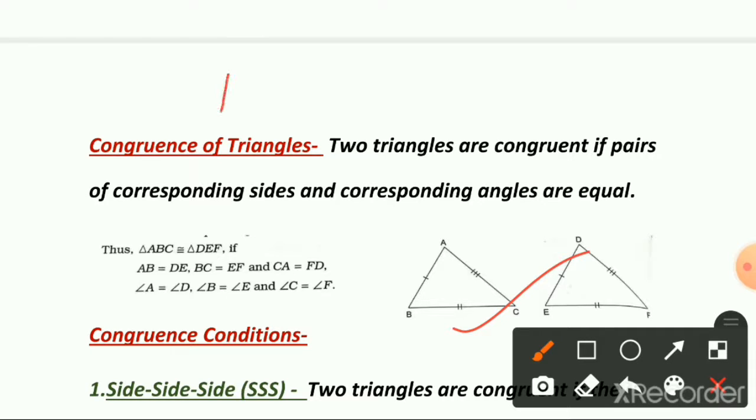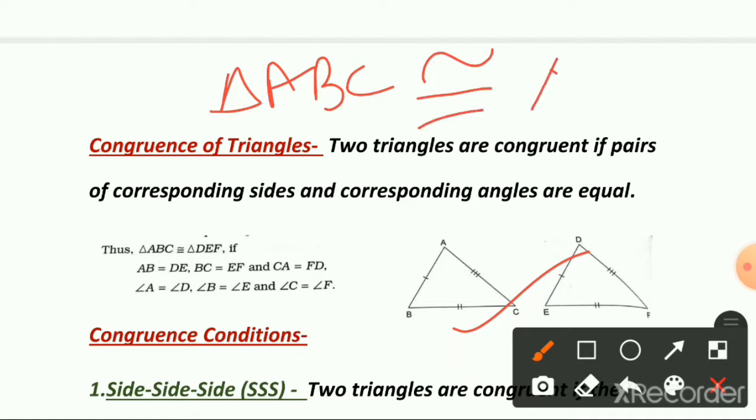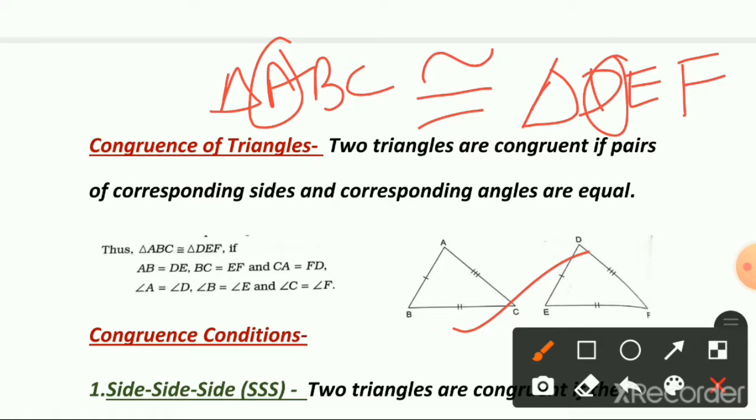If we say triangle ABC is congruent to triangle DEF, then their corresponding parts are A and D, because in congruency the order of the letters is important. In whatever order we write the letters, that is most important.